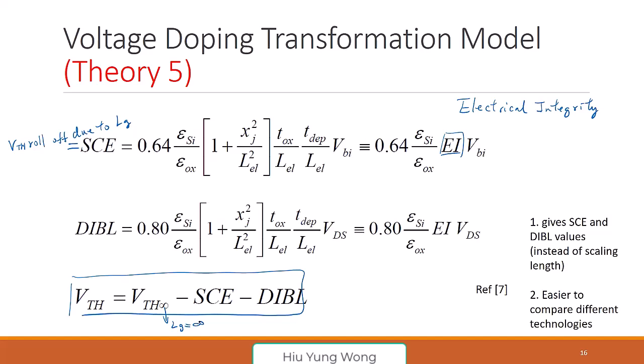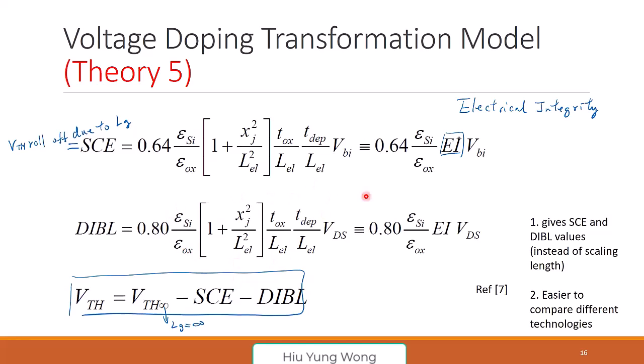And it is easier to compare across technology. First, are you okay? Don't look at the equation first. Are you okay with what I'm saying? Why do we have this? We have a new model. This model tells us how much threshold voltage change is due to VTH roll off and how much is due to the dipole. And how to calculate it is here.